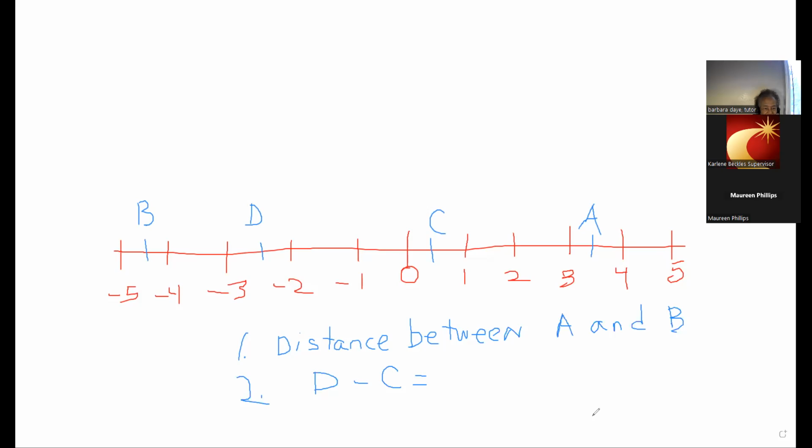Distance between A and B. You find it? Between 3.5 and 5.5 is 10.5.